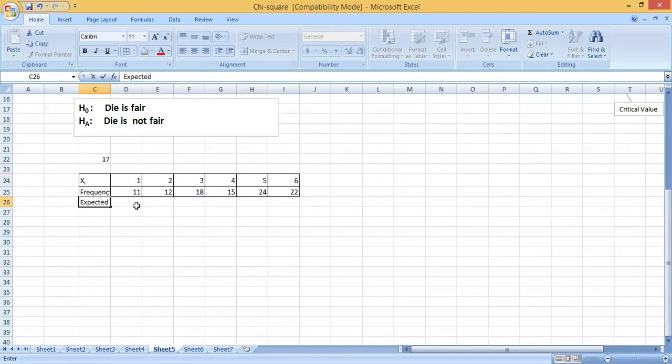The expected frequency is 70, 70, 17, 17. Clear? So this is the option. Now we should follow the formula.